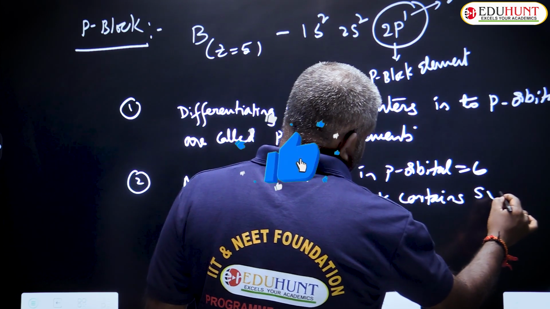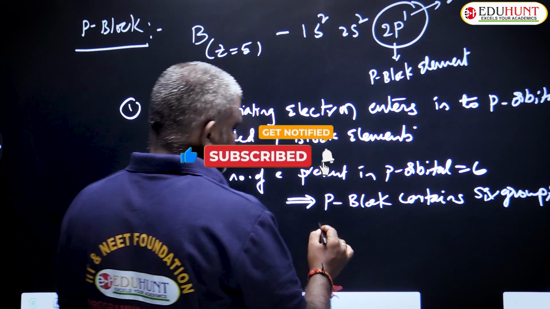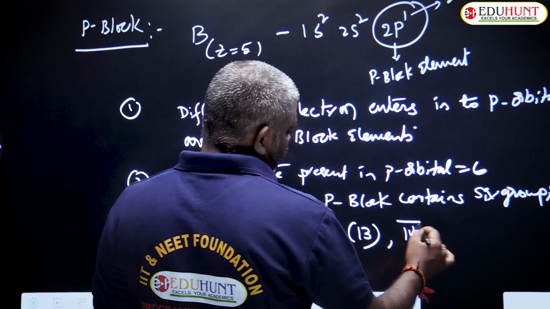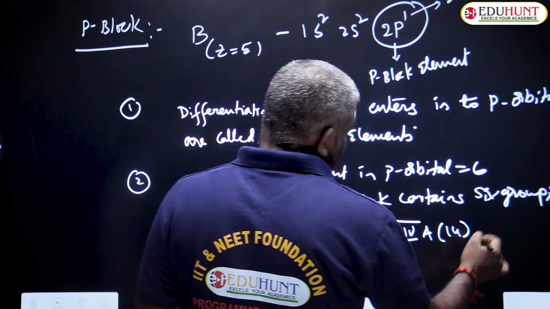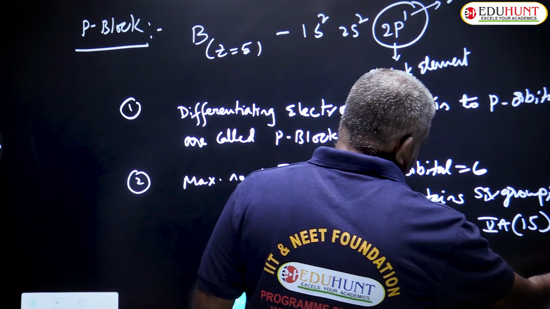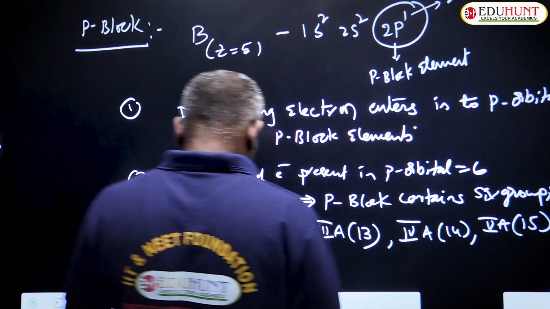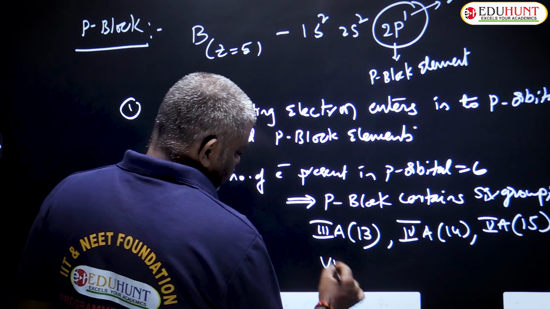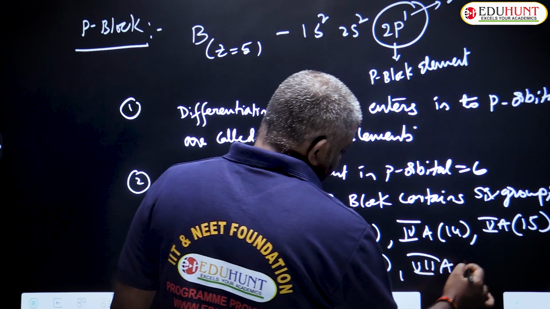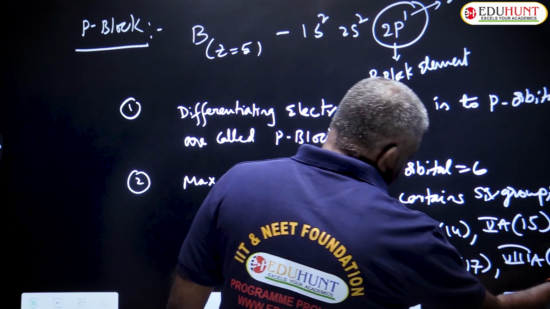They are 3A, known as the 13th group; 4A, the 14th group; 5A, the 15th group; 6A, the 16th group; 7A, the 17th group; and 8A, known as the 18th group elements.